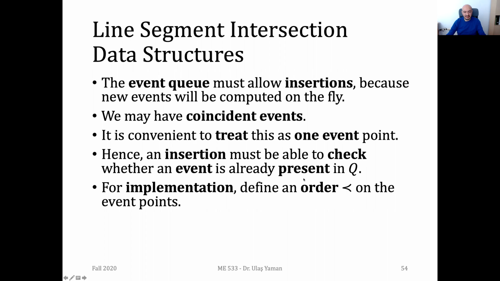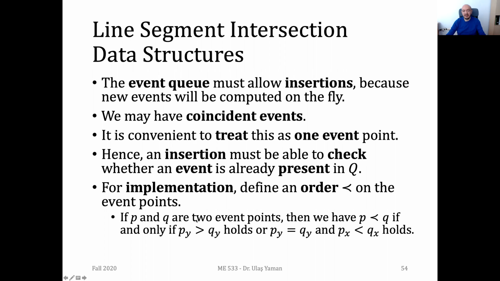So to make it simpler for the implementation, we need to have a proper order. And what is that order? As you know, if you have some events, P and Q, assume that these are two event points, then we might have such an order. P is smaller than Q only if P has a higher Y value than Q, which means that P will be handled first and then Q later.